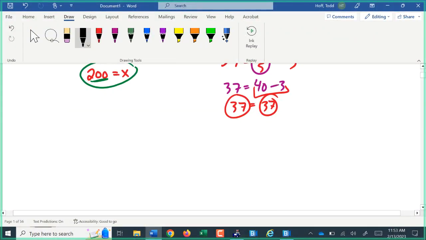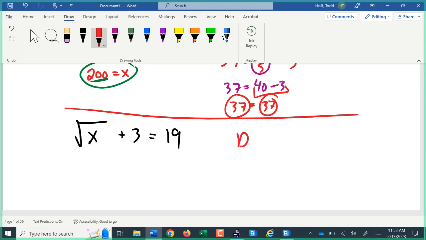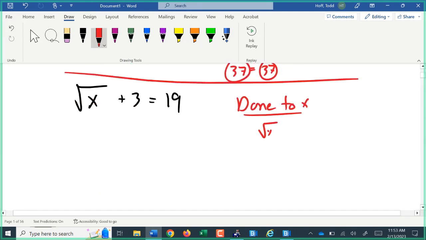We might have stuff like the square root of x plus 3 equals 19. I go to solve this. I look at what's been done to x. Well, here we've taken the square root of x and then added 3 to it.